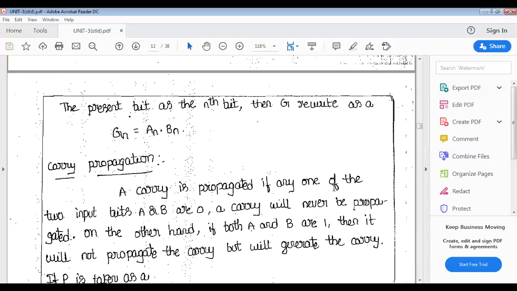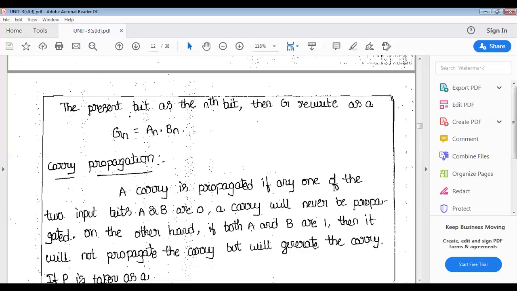Then carry propagate, that is the output of the exclusive OR gate, P suffix n. A carry is propagated only if the two input bits A and B are not both 0. If any one of the bits A or B is 0, a carry will never be propagated.